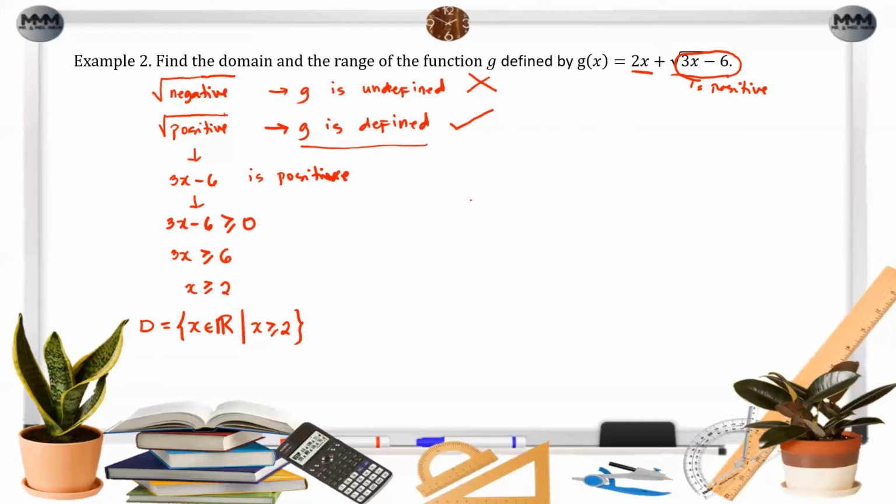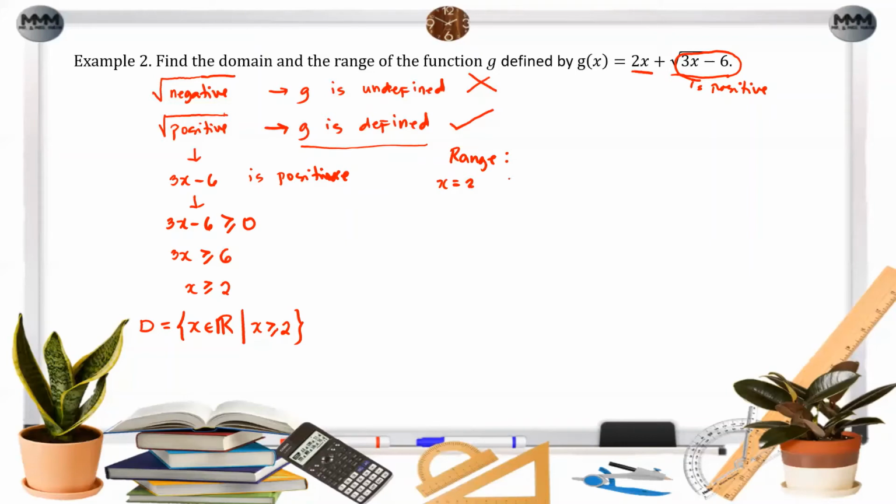So first, let's try to substitute because our x is greater than or equal to 2. We will be focusing on this because for our range, the set of values of y depends on the value of x, where x is greater than or equal to 2. So we start with the value of 2. For the value of 2, what is our g of x?